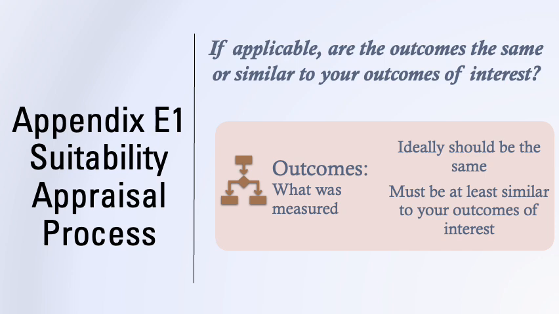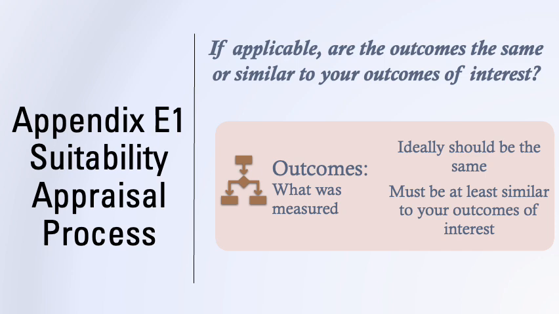If the piece of evidence is otherwise the same as yours, but measuring items beyond what you intended to measure, this may be an indicator that maybe you should consider measuring the other criteria that the pre-appraised evidence measured as well. Notice this question says, if applicable.